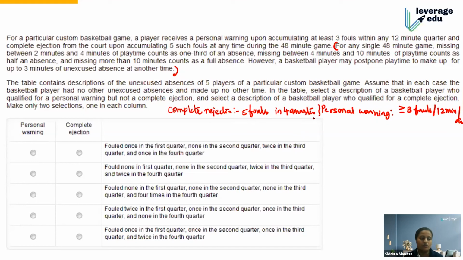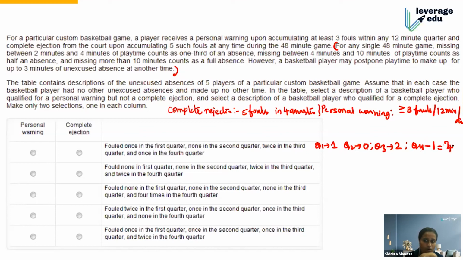Now let's move on. Going with the first option. Fouled once in the first quarter, so Q1 is 1. None in the second quarter, twice in the third quarter, and once in the fourth quarter. So 1 plus 0 plus 2 plus 1.